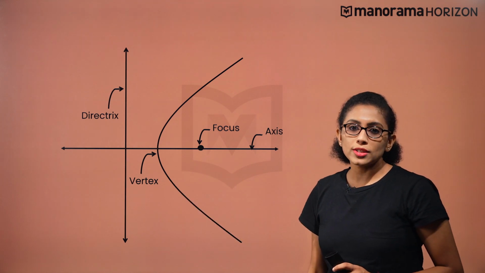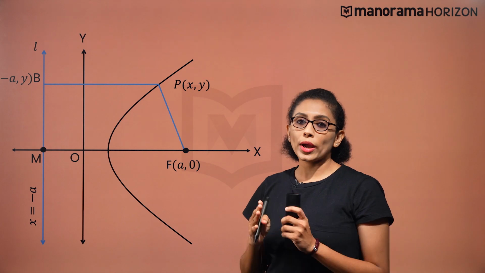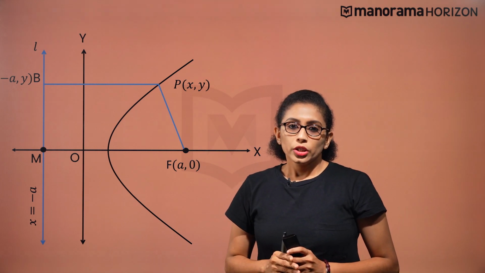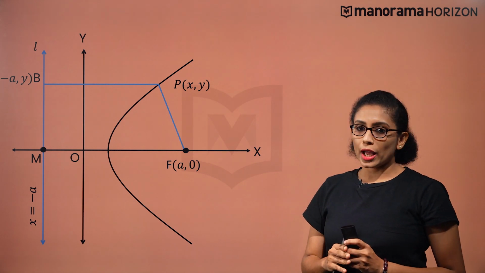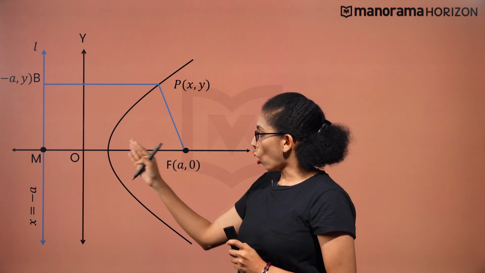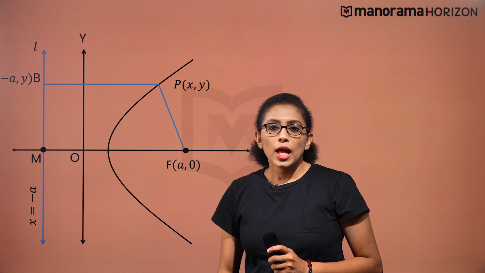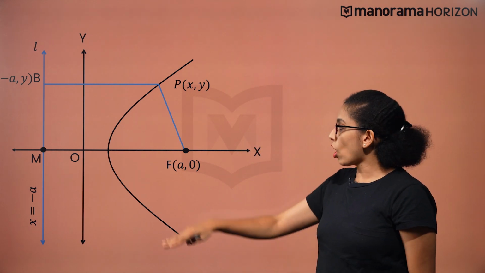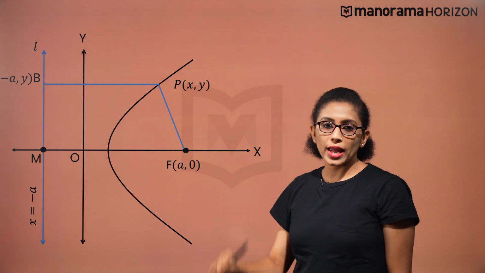Let us now concentrate on the standard equation of parabola. To get the standard equation of the parabola, consider the vertex at the origin and the axis of symmetry along the x-axis or y-axis.